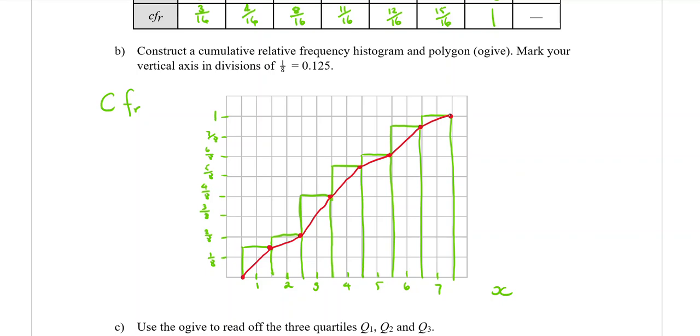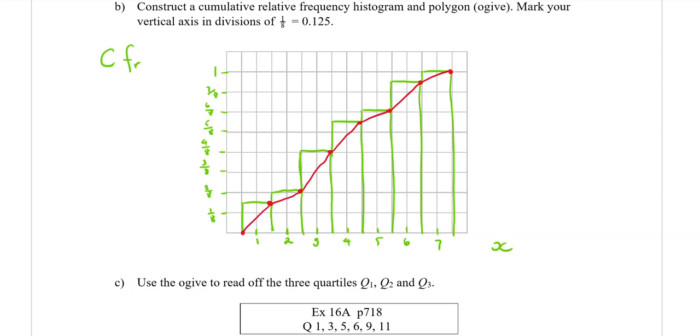From the graph, it says use the ogive to read off the 3 quartiles, Q1, Q2, and Q3. Now, if it's from a graph, and my graph is going up to 1 is my value here, then to find my quartiles, I am splitting the space in half.